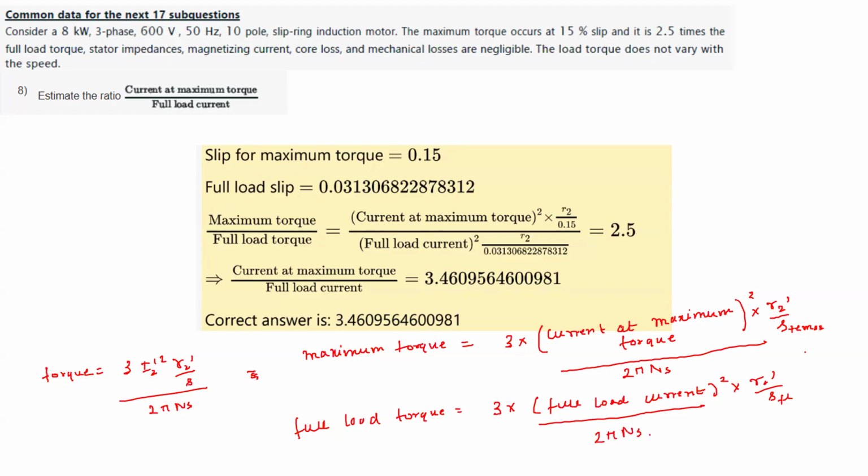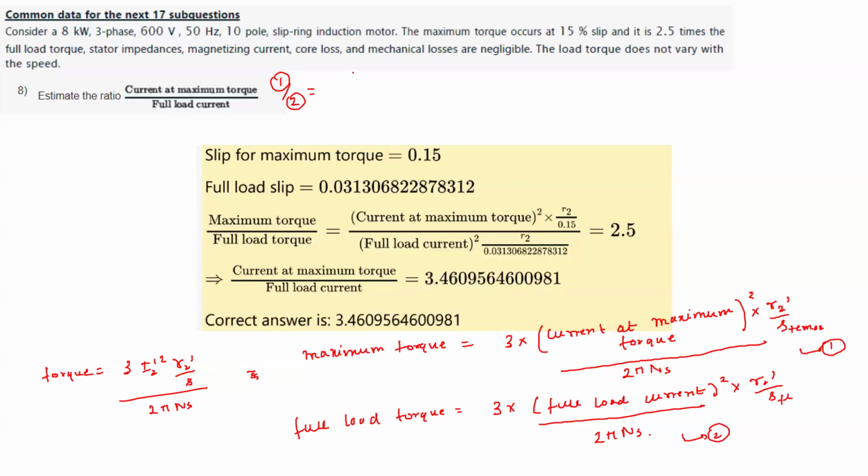Now you just take the ratio of the two, 1 by 2. So what you will get? You have 3 and 2 pi ns in both, it will get cancelled in both the equations.